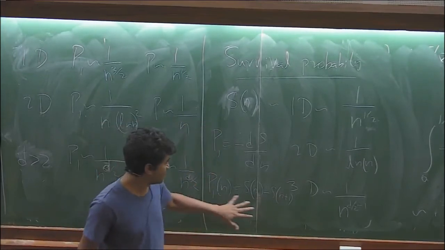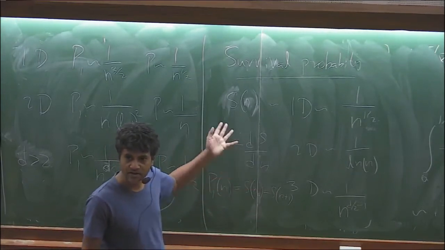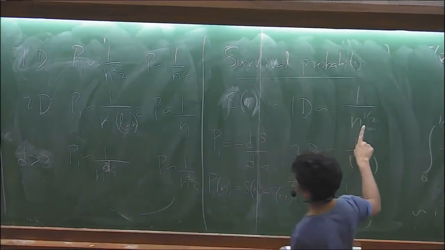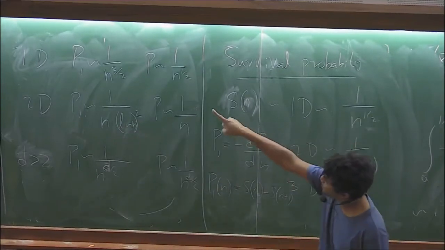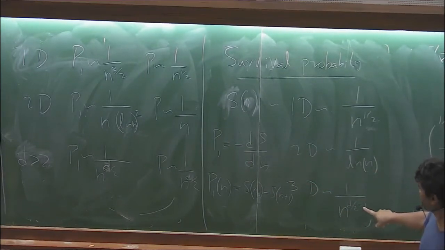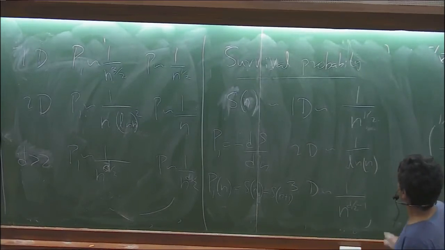You have to think a bit, but this is true. If you take large n, you can convert it into a derivative. So if you take a derivative, you get 1 by n to the power 3 by 2. If you take a derivative, it's 1 by that, and this one gives this. Okay.